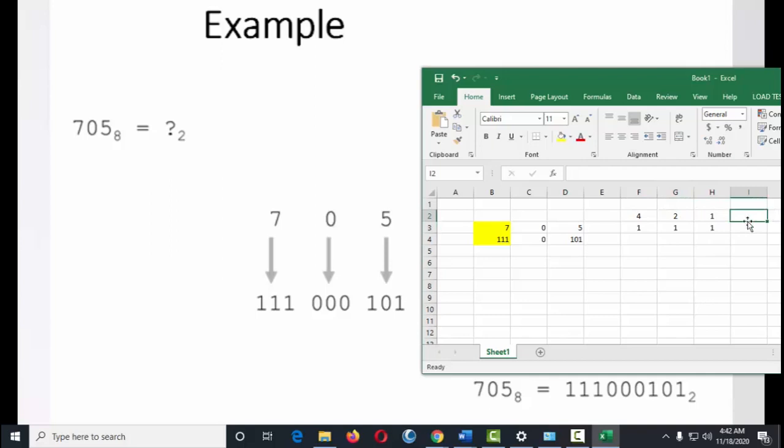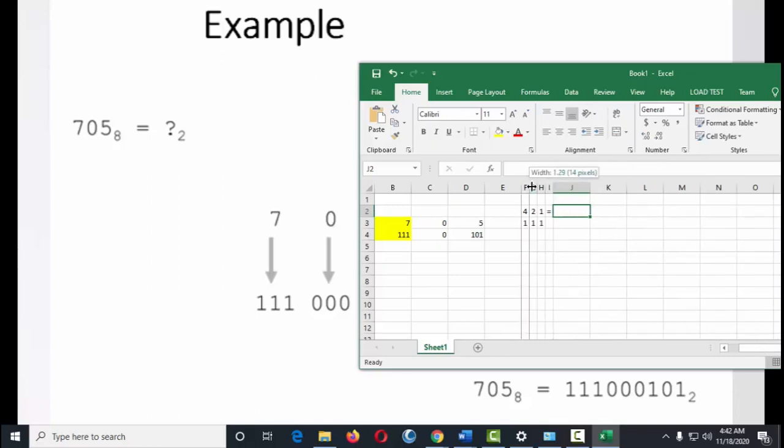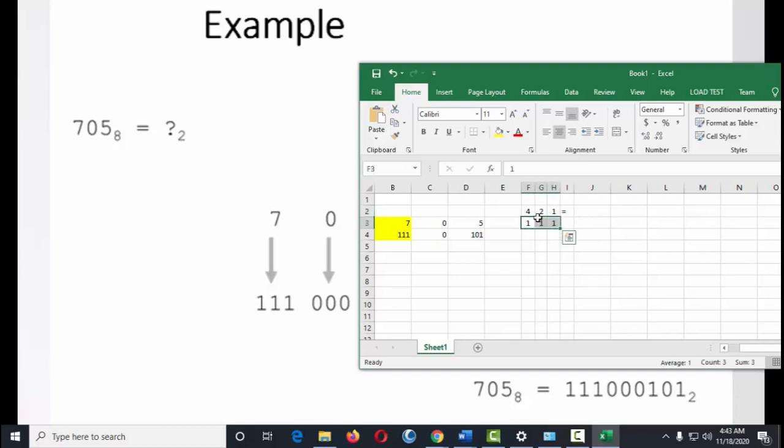That's why you have it equal to 7. Because all the 4, 2, and 1 are marked as 1, you add the 4, 2, and 1. The answer is 7.